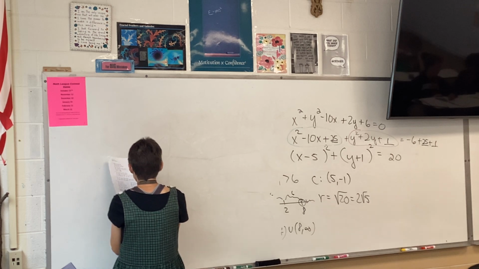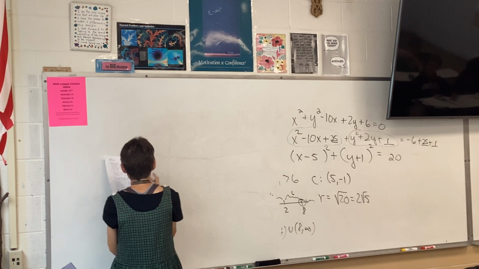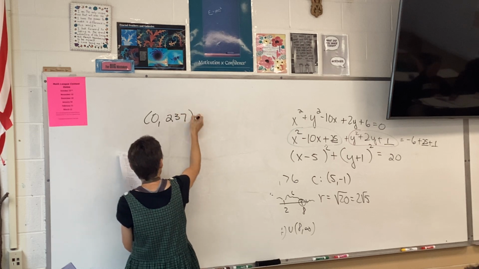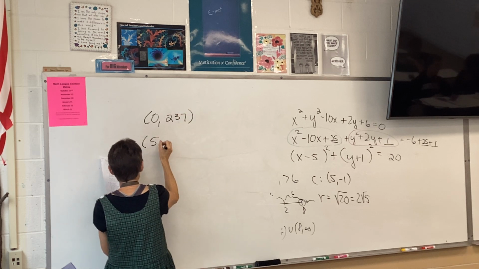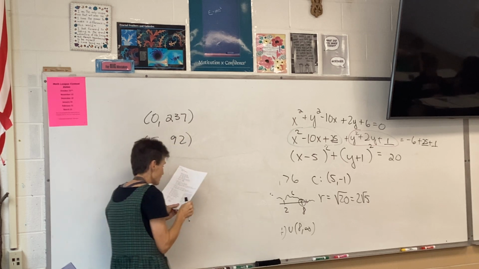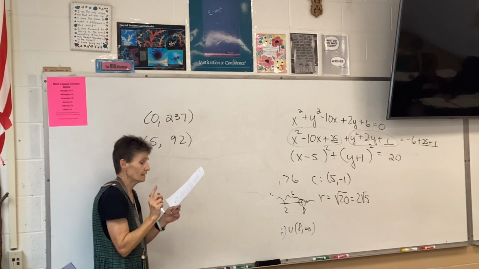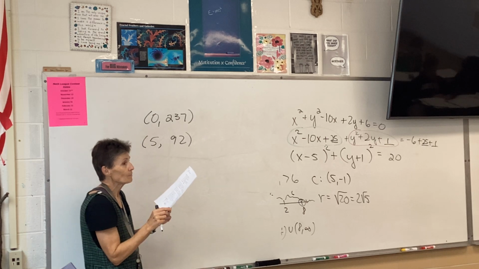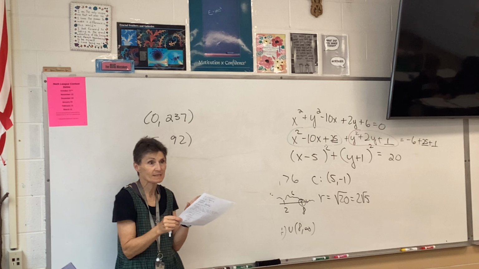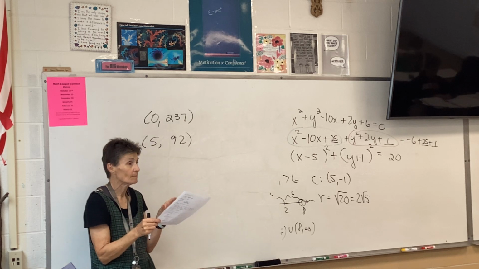All right, Mr. Newell bought a bicycle 5 years ago. It cost $237. So in the beginning, the bike cost $237. Now, 5 years later, the bike is worth $92. Write a linear equation. It doesn't say y equals mx plus b, but it means the same thing with different letters, right?